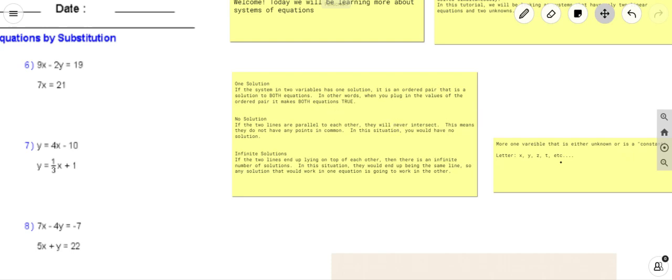This applies to pre-algebra as well, algebra, anything, but it won't be guaranteed that there'll only be one solution to the equation.